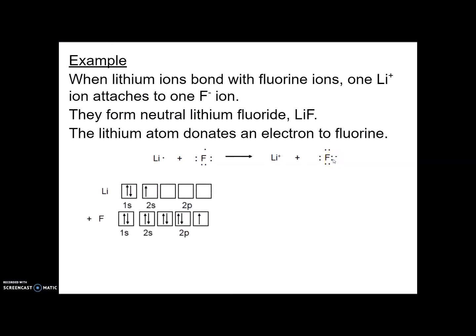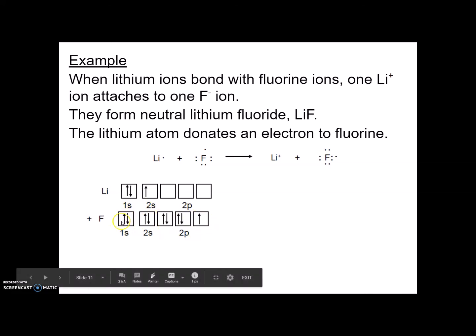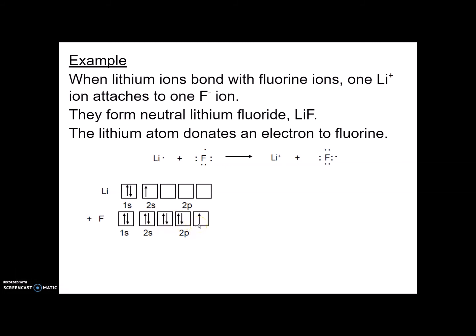Let's look at it in terms of orbital diagrams. Lithium has a total of 3 electrons, one of which is valence. That's why there was one dot in the dot diagram. Fluorine has a total of 9 electrons, 7 of which are valence, or outer electrons.